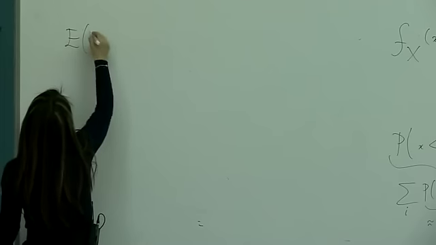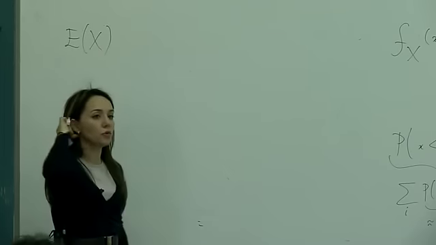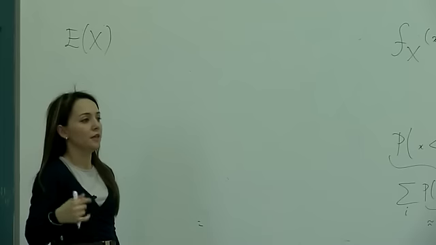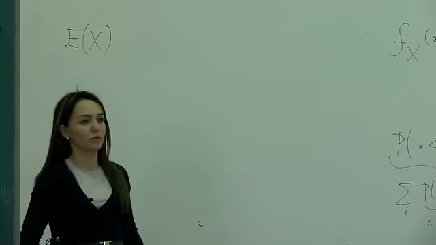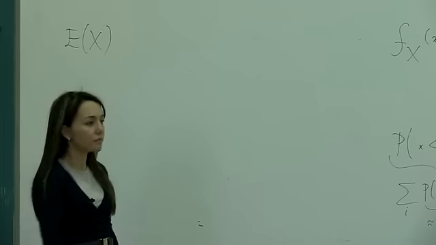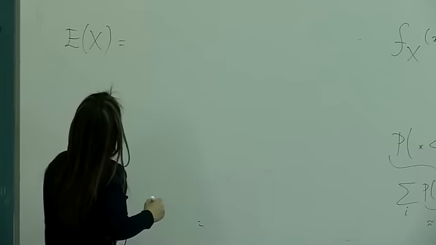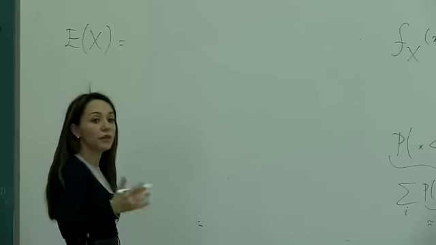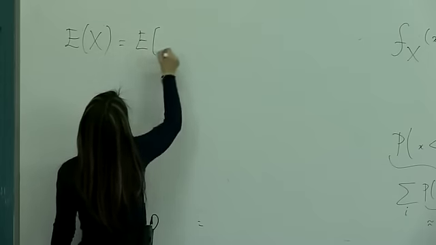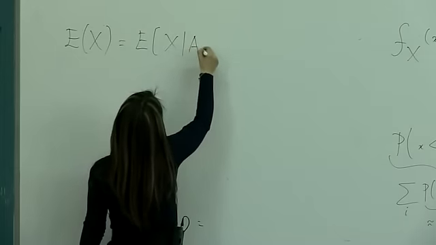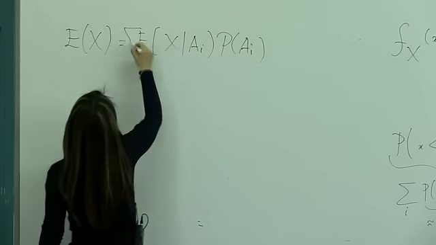The expected value of X. Suppose we don't directly have the PDF of X, but we have these conditional PDFs under certain conditions. So how would we be able to find the expectation of X? We have the total expectation theorem, right? This is the expected value of X given Ai times the probability of Ai, summed over all i.